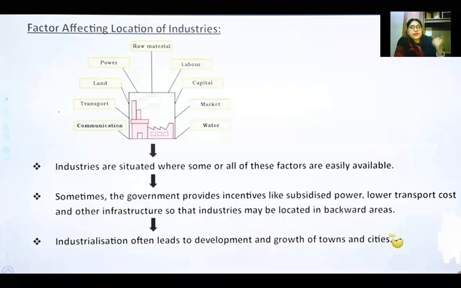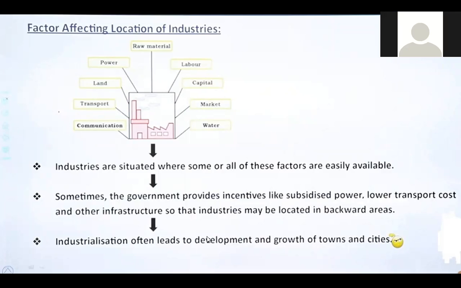If people get money, there will be development of their family also, their standard of living will rise. If their standard of living rises, they will become educated, they will be able to live a healthy and happy life. And a healthy and happy life is the successful life, that is the development and growth of towns and cities. It is all interlinked. Okay, so I hope you understood the concept.